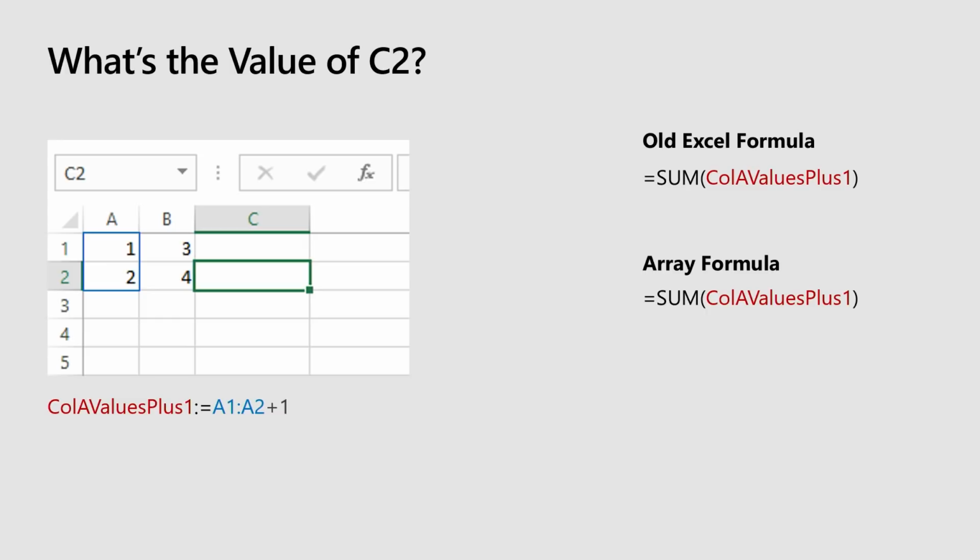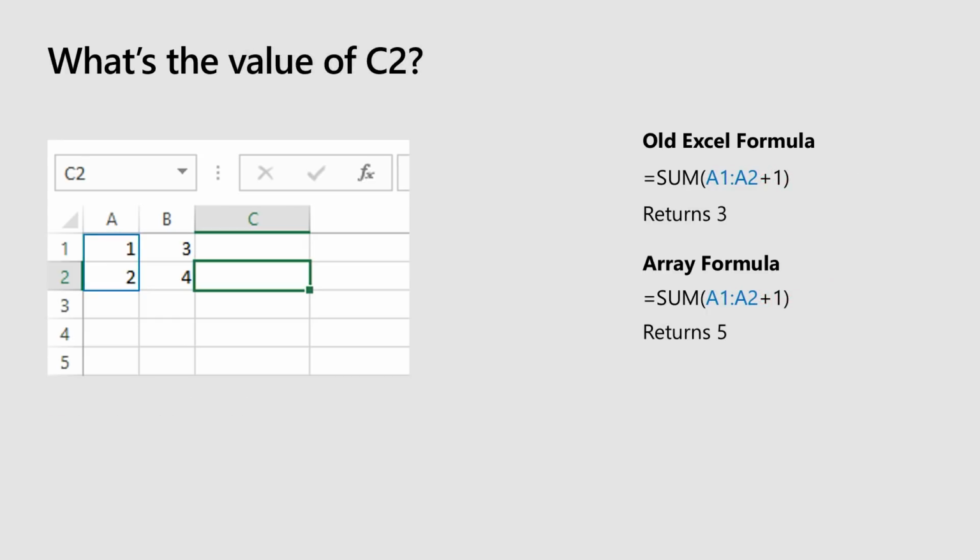Let me back up one second. So keep these in mind. The next slide is really the same thing, except the A1 through A2 plus 1 gets put into a named formula. So you create a name, and you say the name is A1 through A2 plus 1.